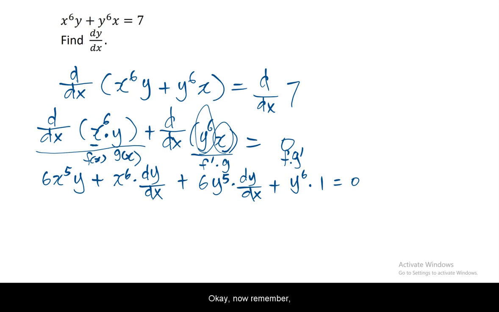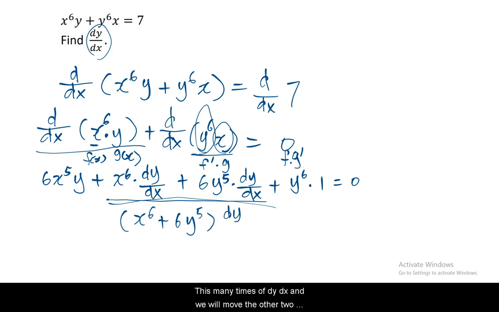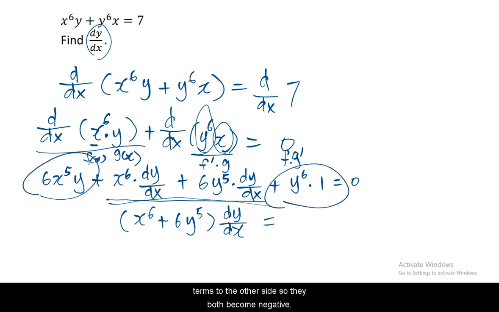Now, remember we want to find dy/dx. So here, combine like terms. Combining those, you have x to the 6th plus 6y to the 5th, this many times dy/dx. And we will move the other two terms to the other side, so they both become negative: negative 6x to the 5th times y minus y to the 6th.